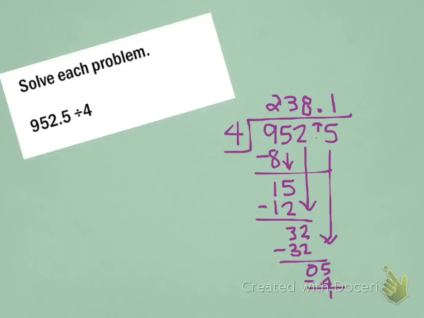So when we have a leftover, because we already have a decimal in the dividend, instead of adding a decimal 0, we just get to add a 0. Bring it straight on down. 4 goes into 10 2 times, which is 8. 2 times 4 is 8.